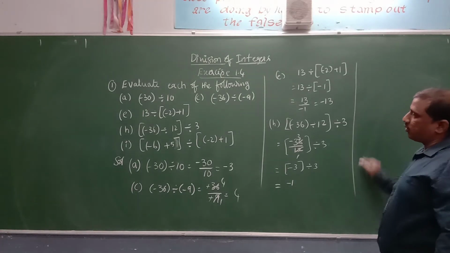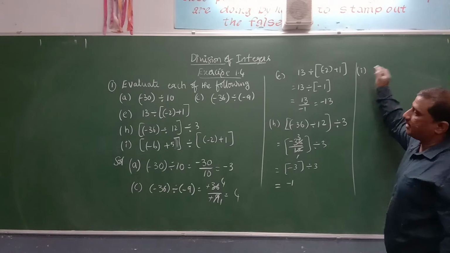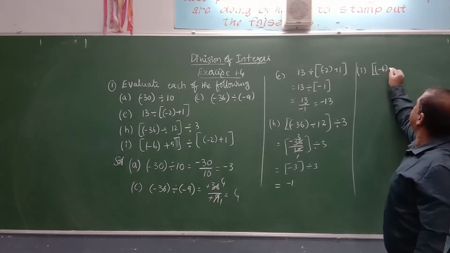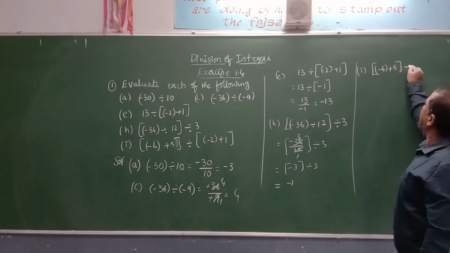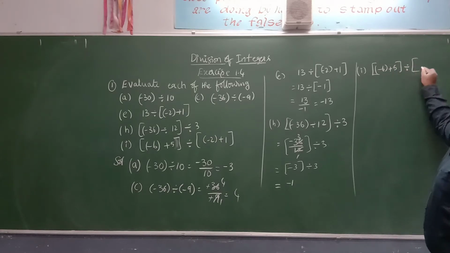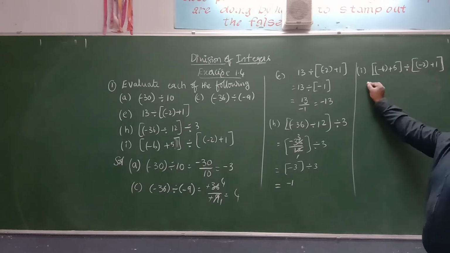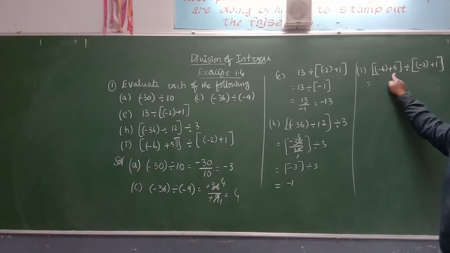Now the next problem, the I bit: minus 6 plus 5 is divided by minus 2 plus 1. That is the sum of one negative and one positive integer, divided by the sum of another pair of one negative and one positive integer. First simplify inside the brackets by adding the two integers.